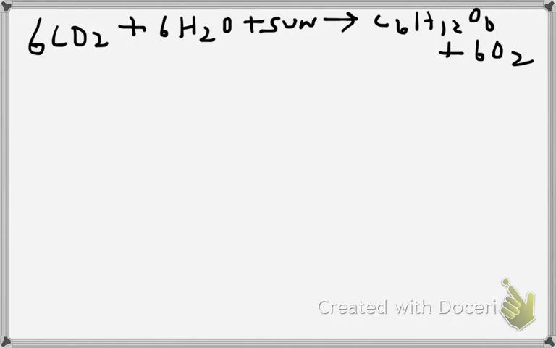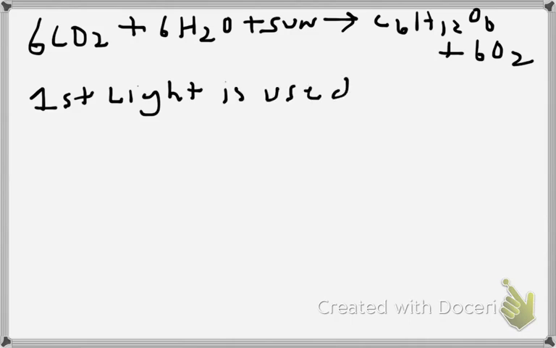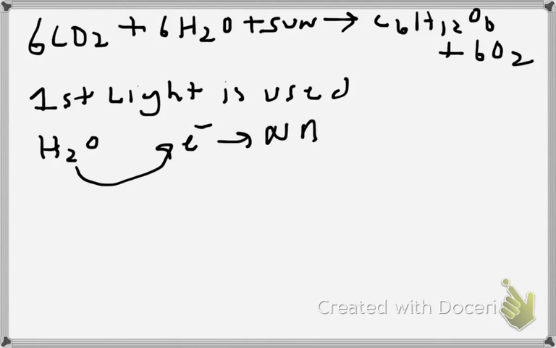In the first set of reactions, light is used to take those electrons from water and collect them in a molecule that's kind of like NAD, called NADP, to convert that to NADPH.